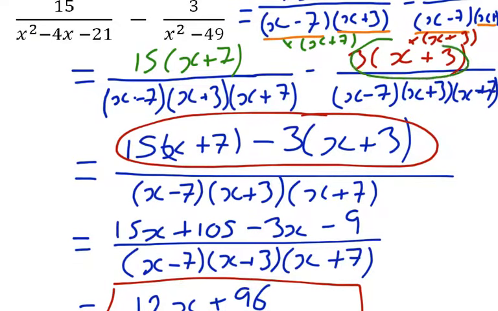We have to remember that this minus here affects the whole of that fraction. So it's much better to combine the fractions before multiplying out the brackets. Otherwise, you can make a mistake by forgetting to combine that negative with the second number.